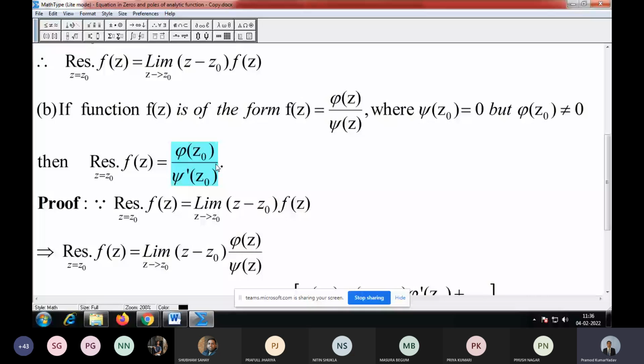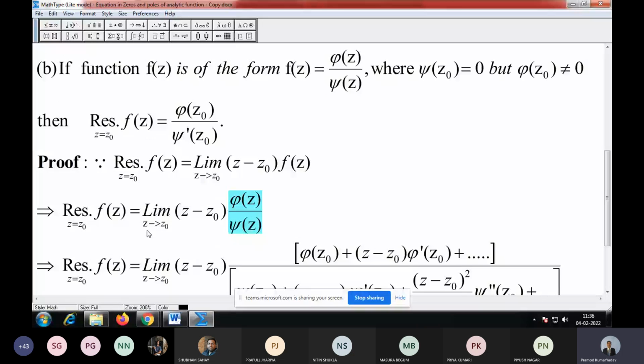So now we may prove this. We already know that the residue of f(z) at z equal to z naught is limit z tends to z naught, (z minus z naught) f(z). We proved it earlier in the previous section. So the value of f(z) is phi(z) by psi(z), which we use. Now take the limit as z tends to z naught. You know what will happen?